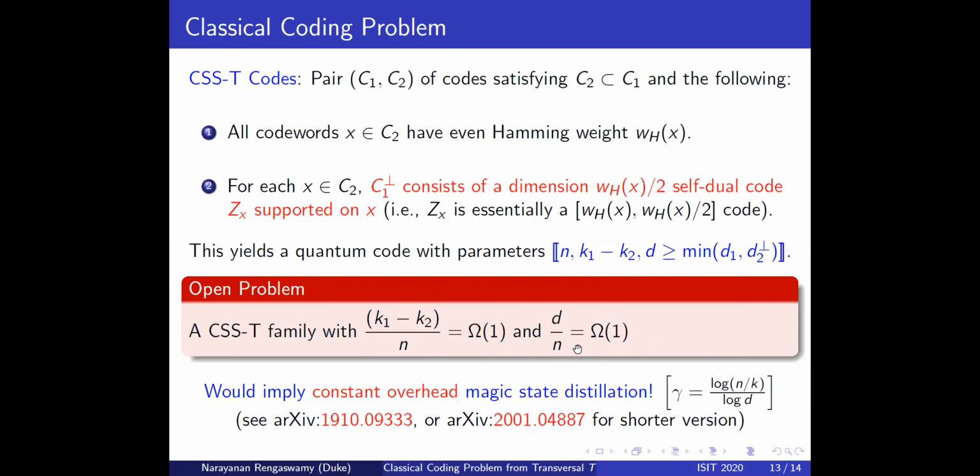This can be too strict, so log scaling might also be fine, but linear scaling would be amazing. That's the open problem. If this is solved, then you can get what's called constant overhead magic state distillation, which means asymptotically, this parameter goes to 0, which is crucial for distillation.